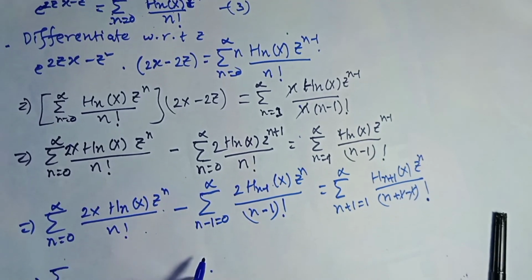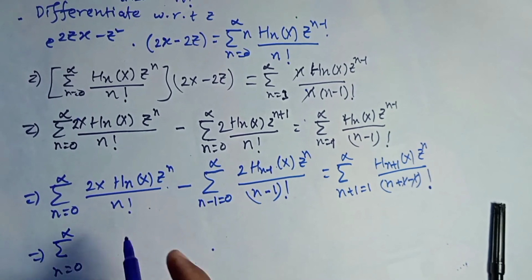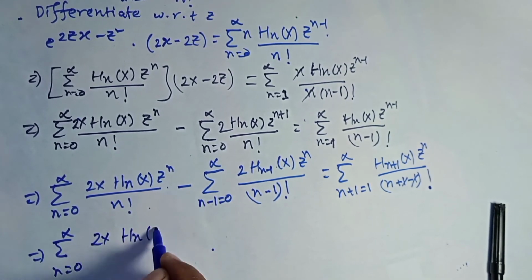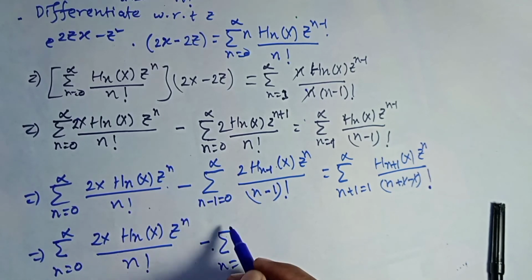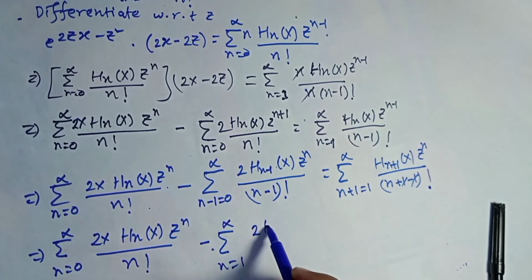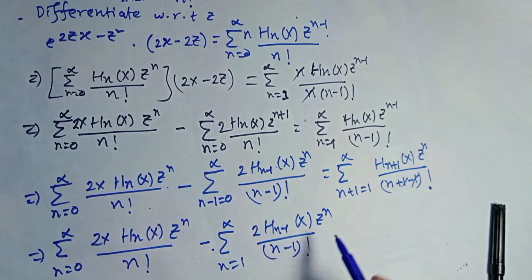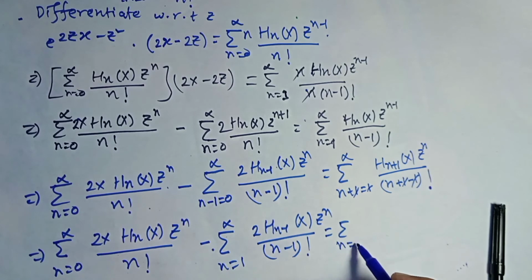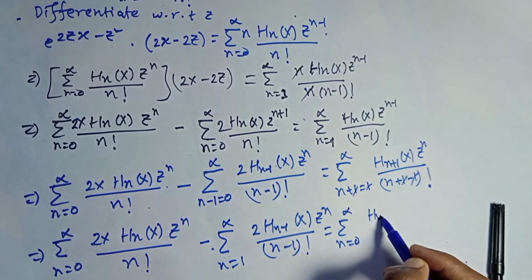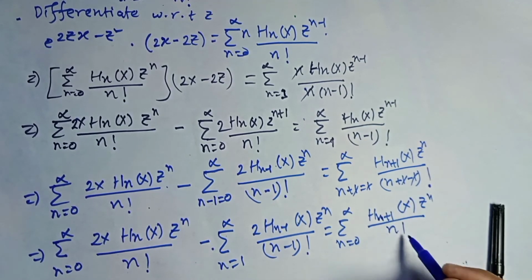We write a line: the summation n is equal to 0 to infinity of 2x Hn of x, z to the power n divided by factorial n, minus the summation n is equal to 1 to infinity of 2H n minus 1 of x, z to the power n divided by n minus 1 factorial, is equal to, here the 1 gets cancelled, the summation n is equal to 0 to infinity of H n plus 1 of x, z to the power n divided by factorial n.